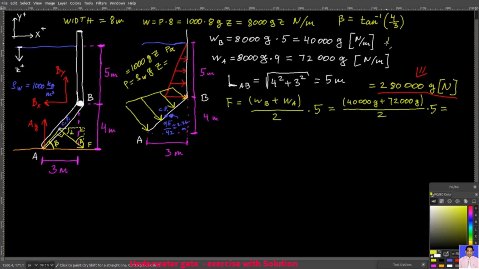That means that alpha equals 90 degrees minus beta. In other words, you have 90 degrees minus tangent inverse of 4/3, and that will give you approximately 36.87 degrees.